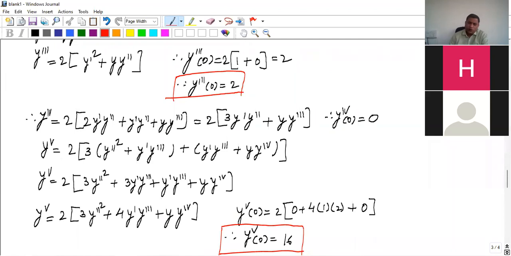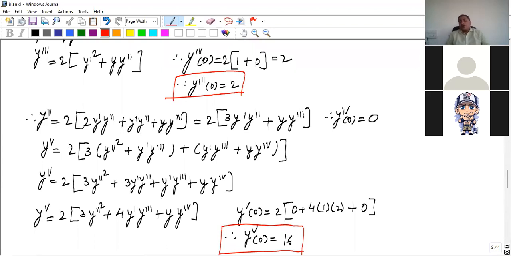Now we have to think. As I said, in this case at least 3 non-zero terms are required. Do we have the 3 non-zero terms? Yes, sir.